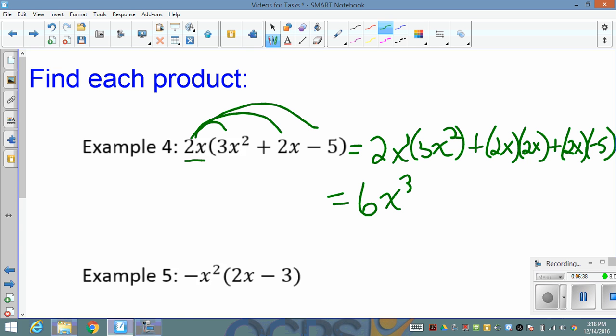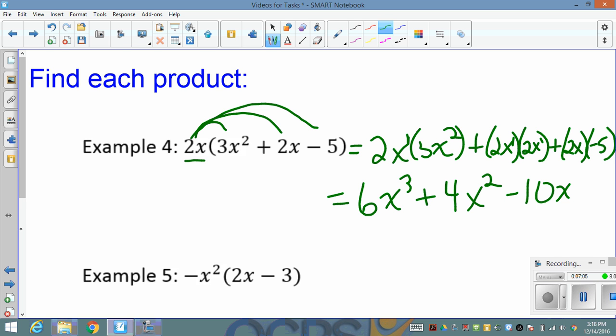I just get to multiply them. X times x squared, I'm multiplying with like bases, so I add my exponents. 2x times 2x. 2 times 2 is 4. X times x is x squared. 1 plus 1 is 2. And then 2 times negative 5 is negative 10. You don't have another base, so just negative 10x.